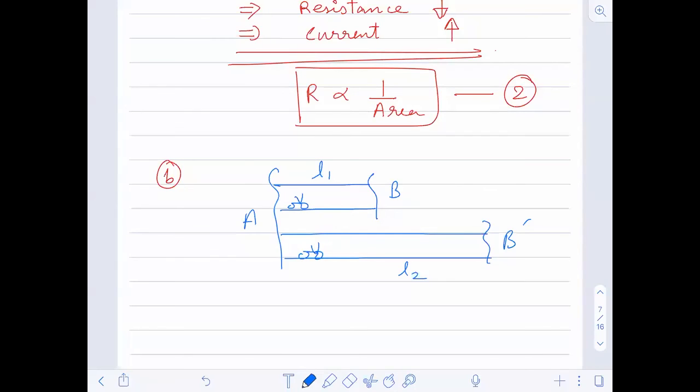Let me take this as X, Y: this is end X, this is Y, and this is Y dash. This is case A, and this is case B. In which case are you having more resistance, case A or case B?